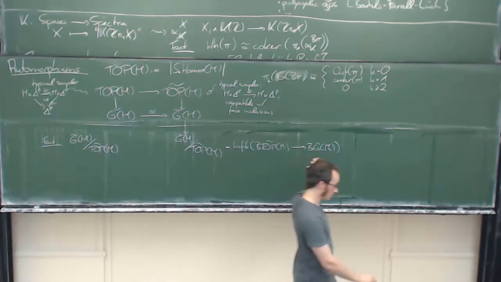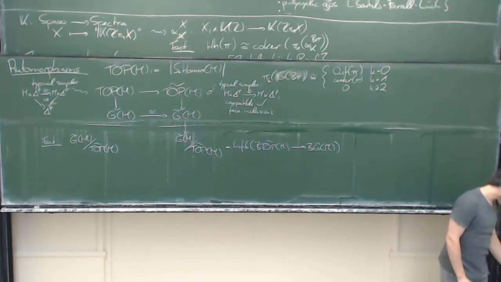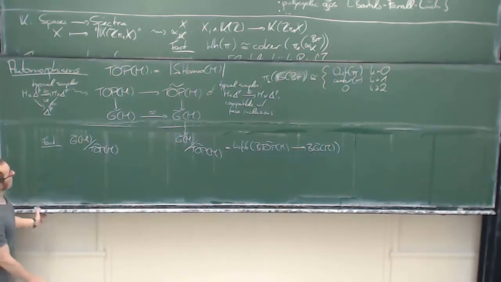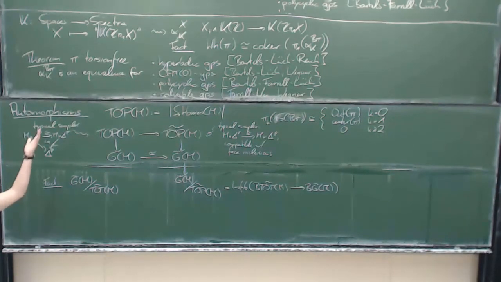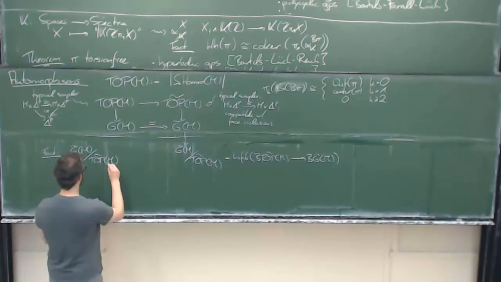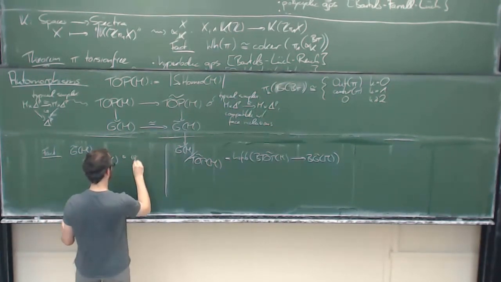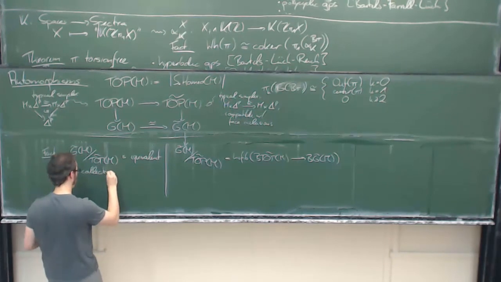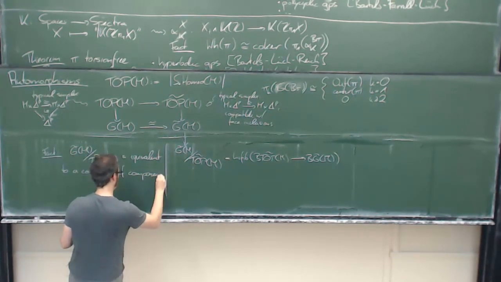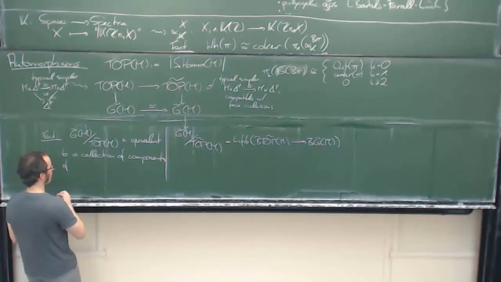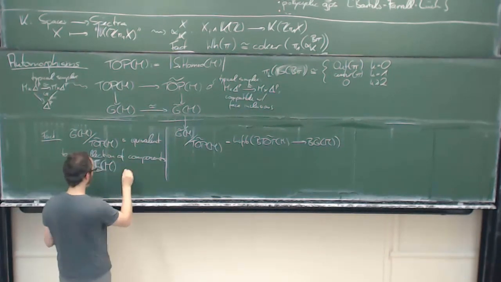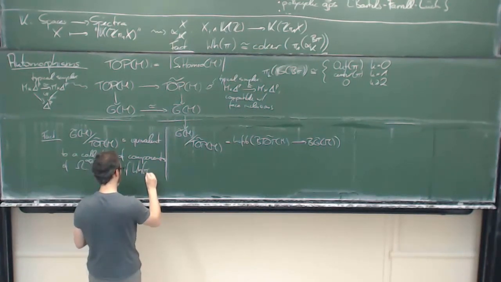So this homotopy fiber G twiddle of M mod top twiddle of M is, well, at least equivalent to a collection of components of, let's say, the infinite loop space associated to the structure space or structure spectrum of our manifold M, assuming that the Whitehead group is trivial.